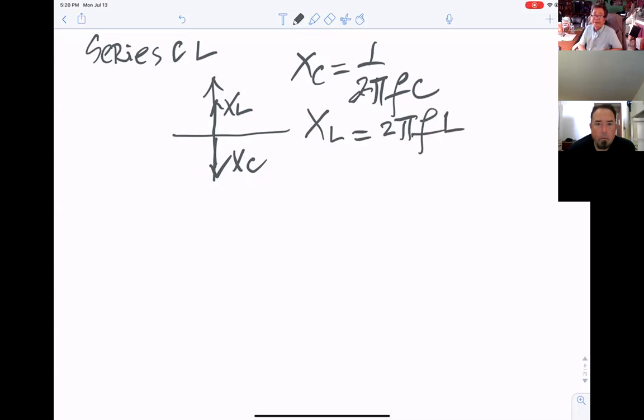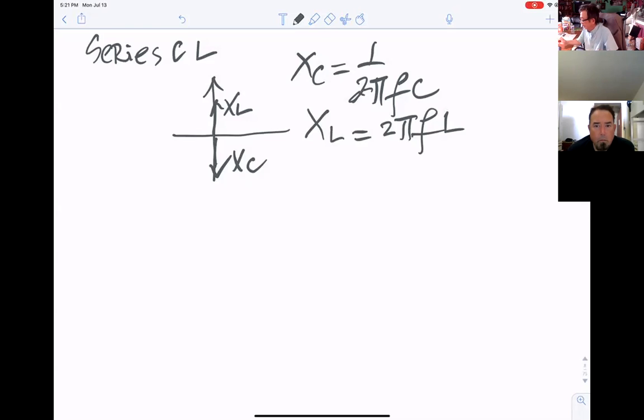So when you're changing the frequency, XC and XL will be opposite. At a certain frequency, they are equal, so there is no more XC and no more XL. They will be canceled.